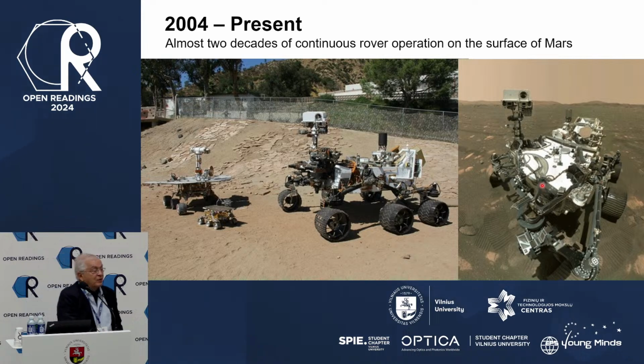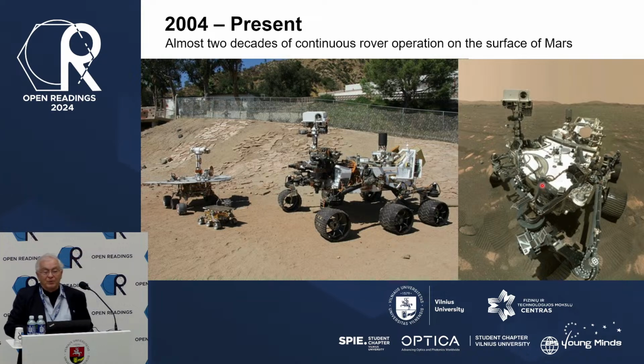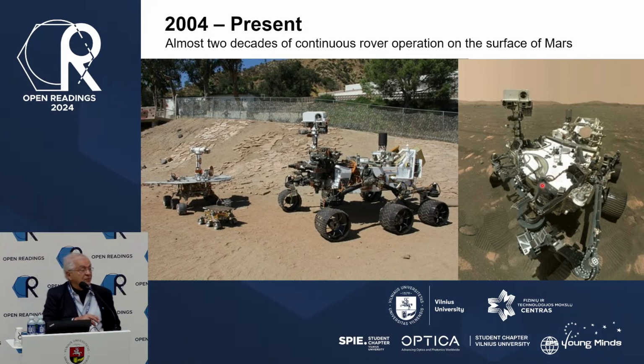Now you'll say, what's the big deal about driving? My young brother has a little toy. The problem is it takes 20 minutes for the signal to get to Mars and 20 minutes for the signal to come back. So you cannot joystick it. It's like trying to have a conversation with you: I say hello, and I have to wait for 20 minutes before you say hello back, and so on. You cannot have a conversation. So we had to have a lot of autonomy in these rovers.